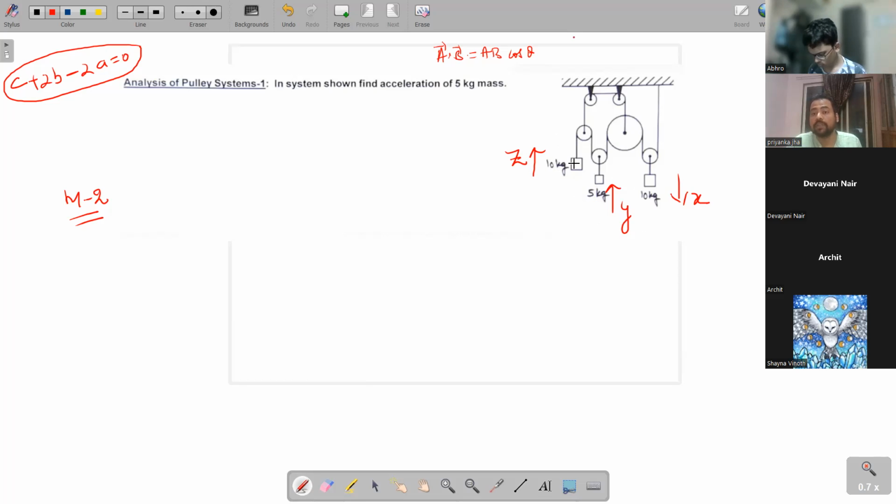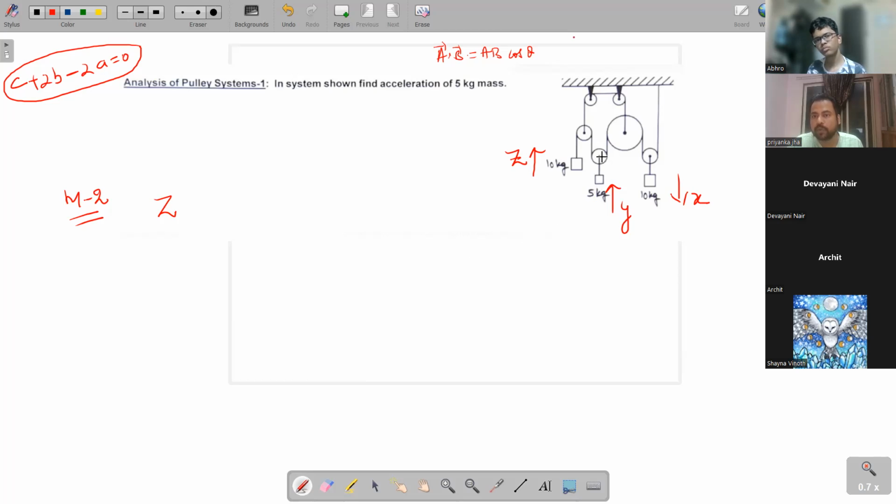So if this block goes up by Z, because of that, this string will slack by Z. So this string 1 will slack by Z. Now here, if this block goes up by Y, this is the string that cannot slack.